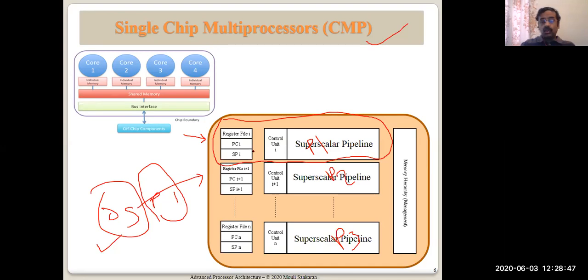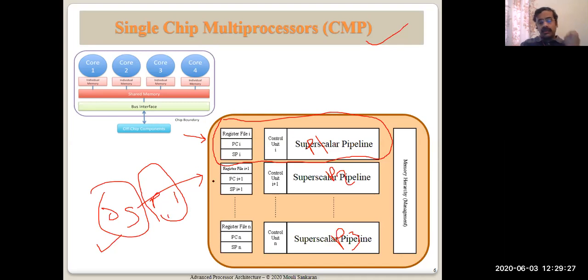There are some instructions to read the CPU ID of the core, which are accessible only to the OS, not to you and me. As a user, I will not know on which processor my process is running, because you are at the user level and don't have access to core-level details. Whereas the OS is running at the kernel level. Some part of the code is running at the kernel level, so it has special permission in kernel mode to execute those instructions to know on which core I am scheduling a process. So where is it stored?